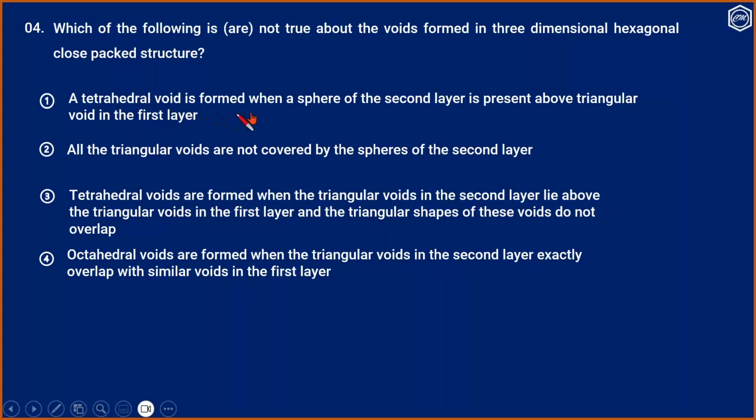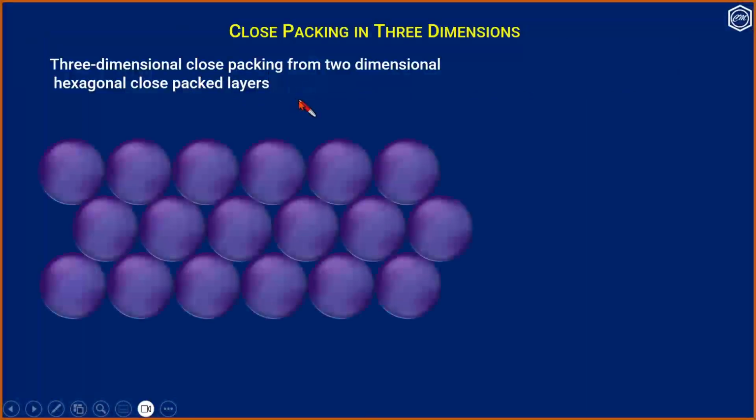A tetrahedral void is formed when the sphere of the second layer is present above the triangular void in the first layer. So this is the first layer. These voids are known as triangular voids. This also is a triangular void. This also is a triangular void. When we place the second layer, an atom fits into this void.